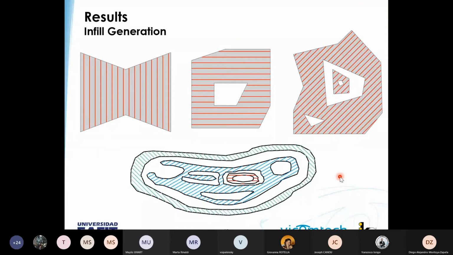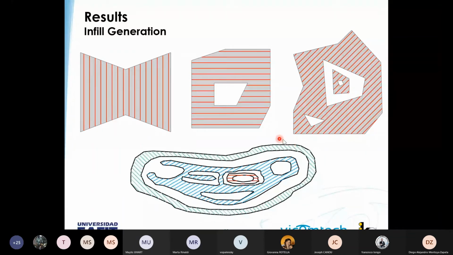Right here we have some infills that we are able to generate. In the first image here we have a simple infill, a simple polygon with some vertical lines. Here now we have a little bit more complex polygon which has a hole. And here we have an even more complex polygon that has some holes and some islands of additional material inside these holes.